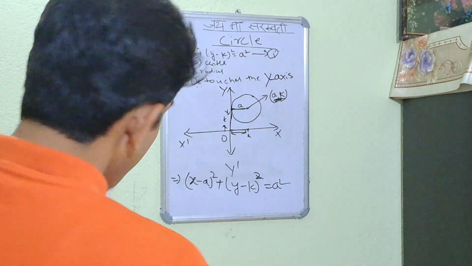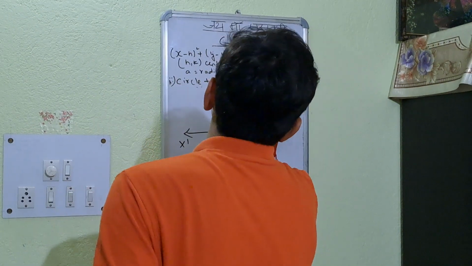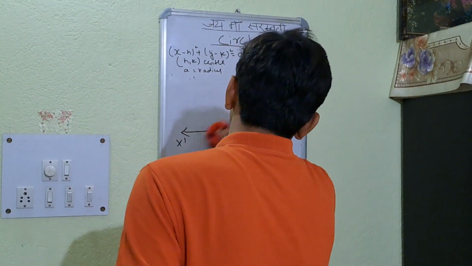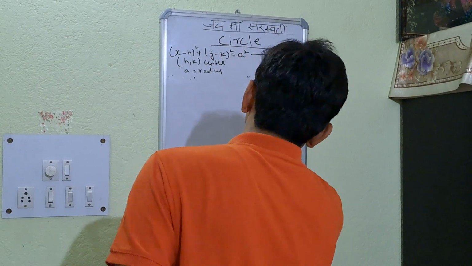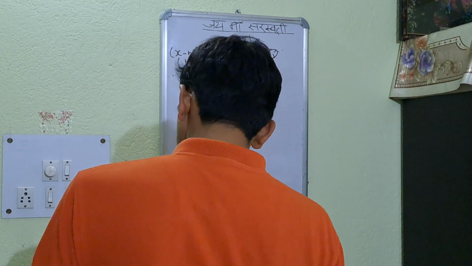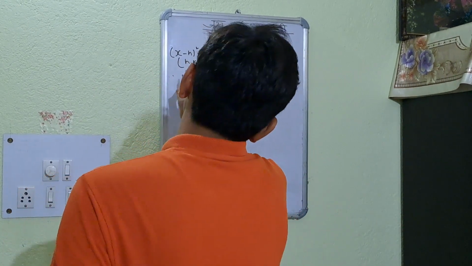Now we will be seeing the fourth condition. We had already seen the three conditions. The fourth condition is when the circle touches both the axes.